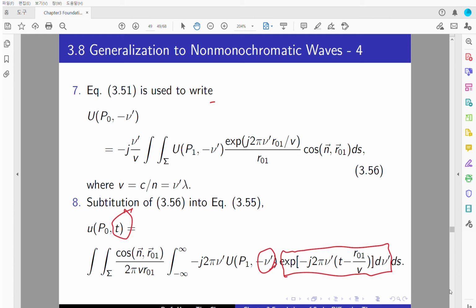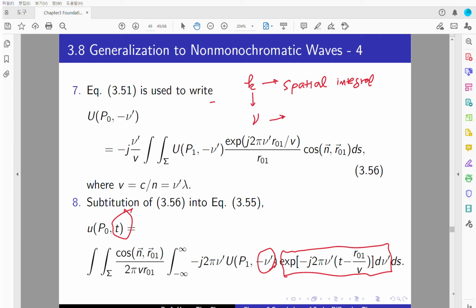Okay, let me just write this down. We have to do the spatial integral, and for k we have a nu.